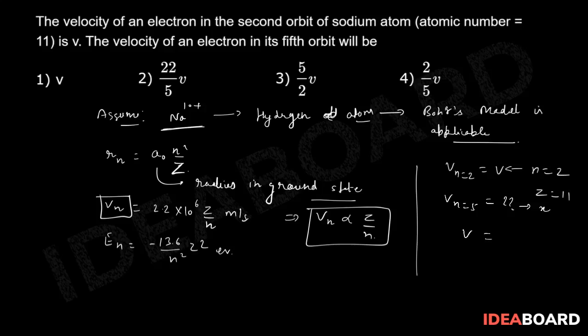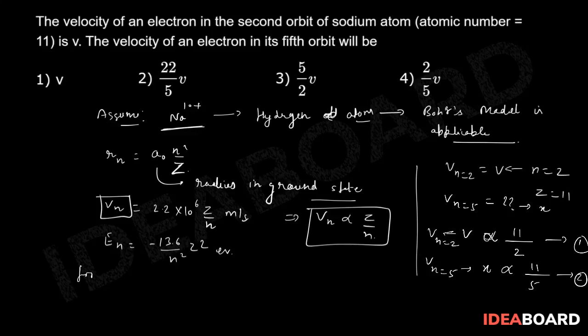That means v is proportional to 11 by 2, equation number 1. And for Vn equal to 5, which is x, proportional to 11 divided by 5, equation number 2.